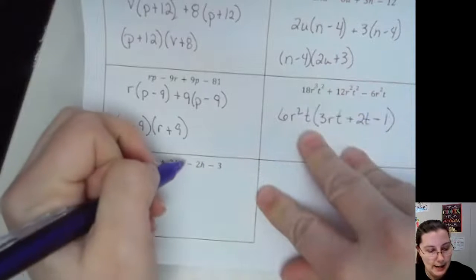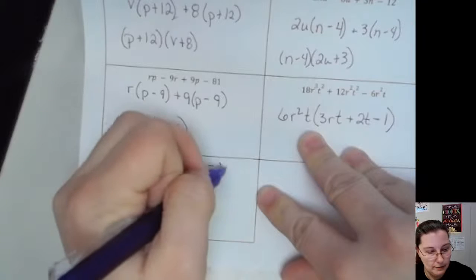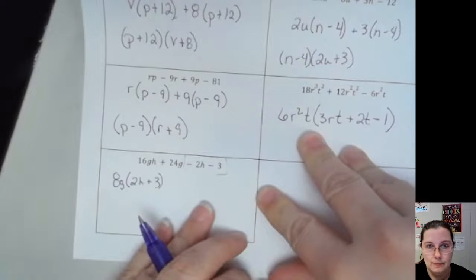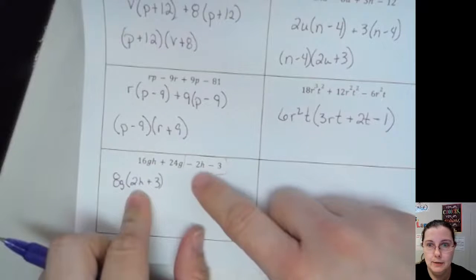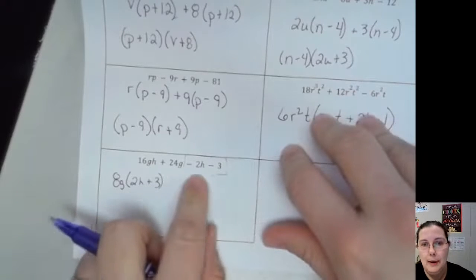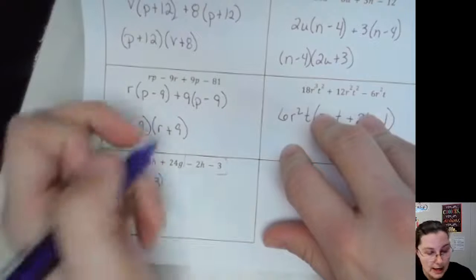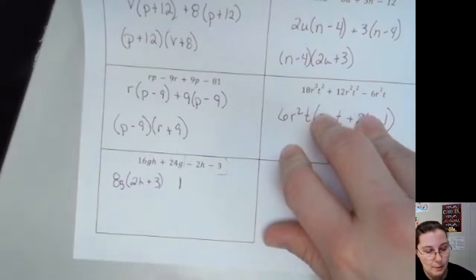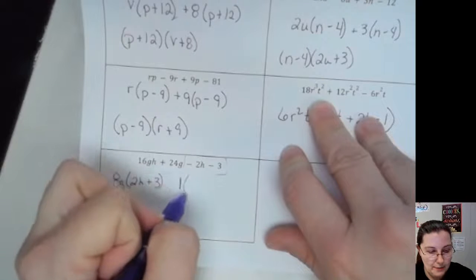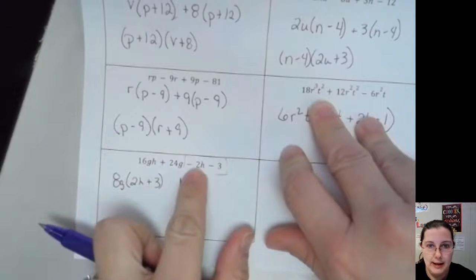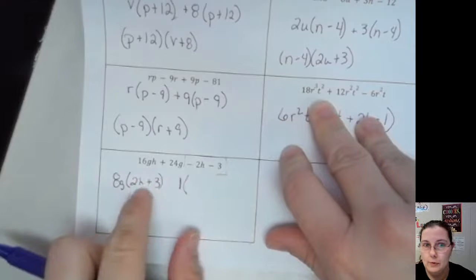So my next one, I have this right here, okay? A negative 2h minus 3. So you may notice that it's similar to this, but these are both negative. So the common factor between 2 and 3 is just a 1. But the problem I have is that if I just pull out a 1, that means I have a negative 2h and a negative 3, and that doesn't work for this.